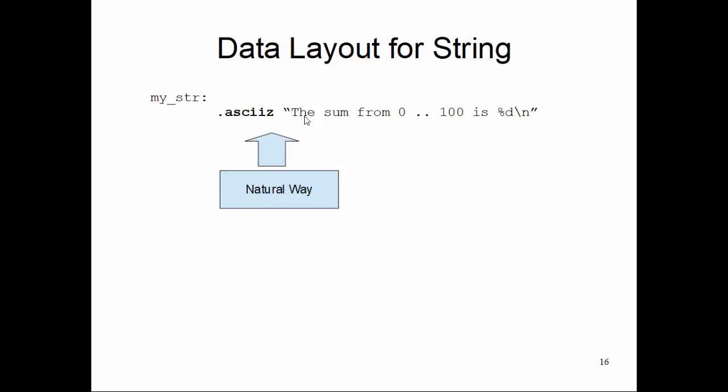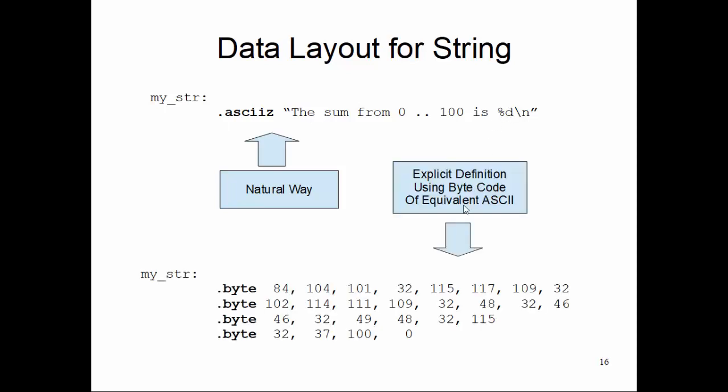That means instead of writing in a natural way within the quotation marks, we can also explicitly define the characters using the byte code equivalent of the ASCII code. Now you can probably realize why this assembler directive, anything dot something is an assembler directive, why the directive .ASCIZ comes along.